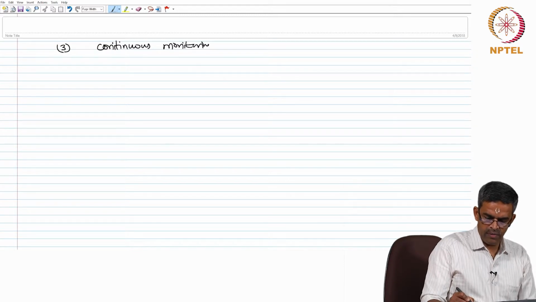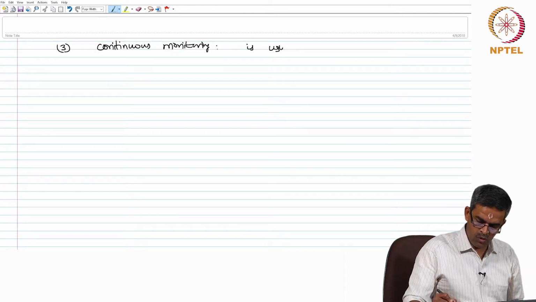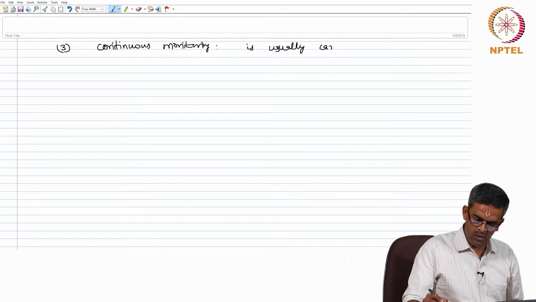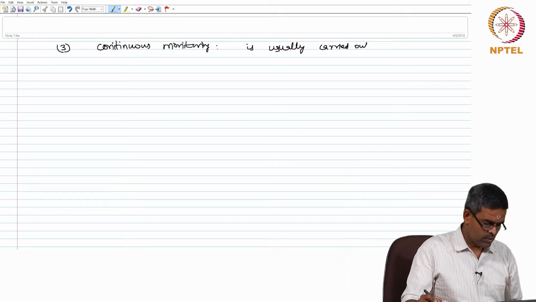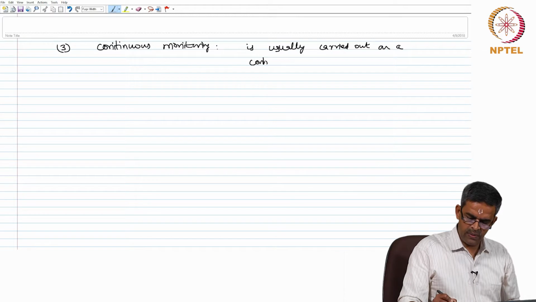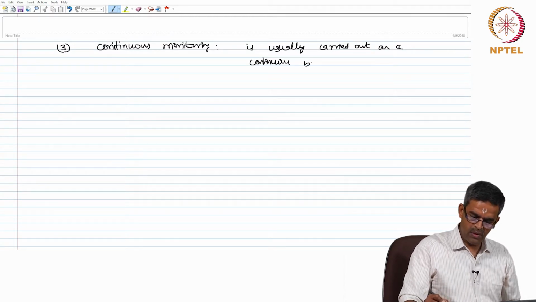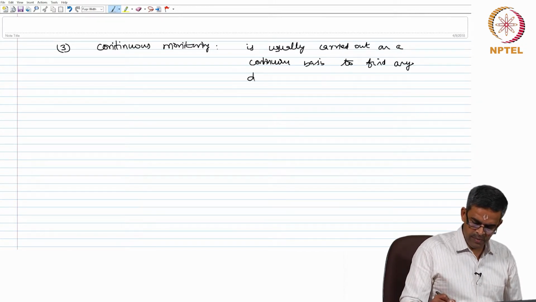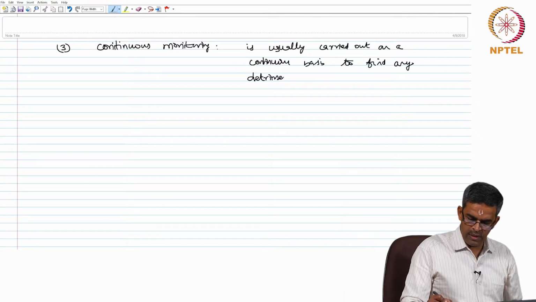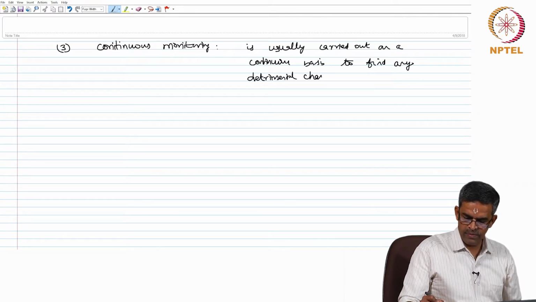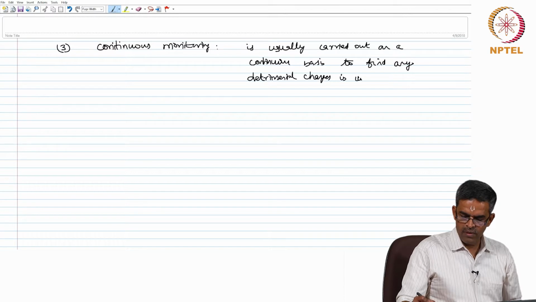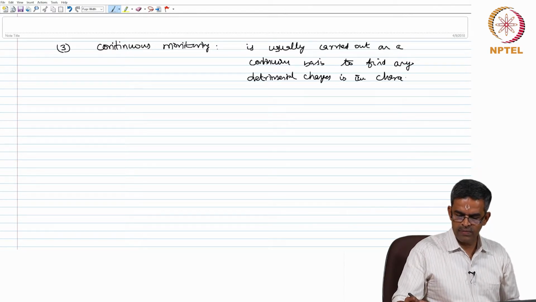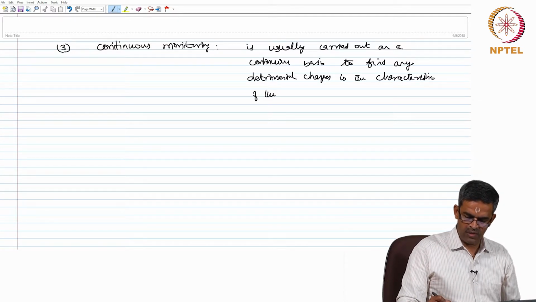Continuous monitoring is usually carried out on a continuous basis to find any detrimental changes in the characteristics of the structure.